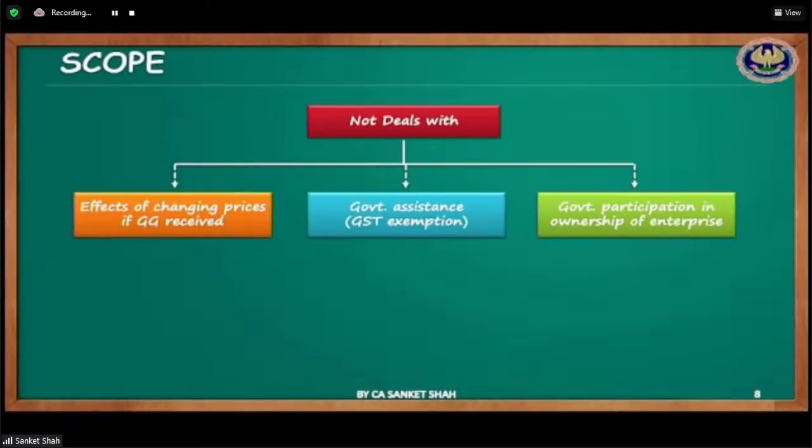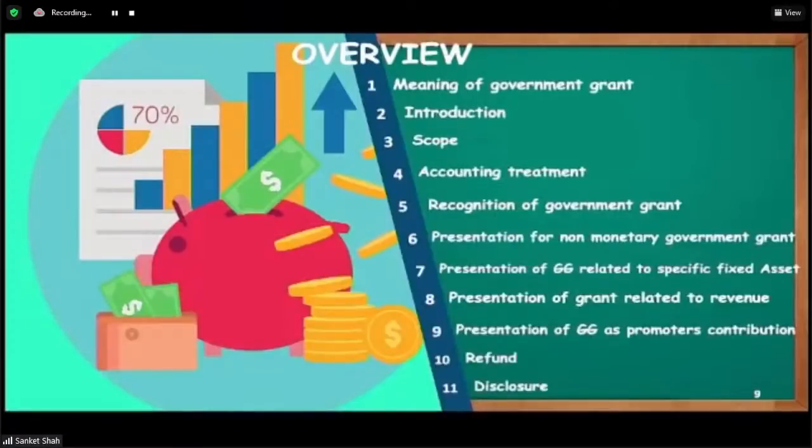Promoter's contribution means the government will not take care of day-to-day activities, but when they participate in ownership, they will look into day-to-day matters also. So when they look into day-to-day matters, it is not dealt with here, and if it is a promoter's contribution, then AS 12 is applicable.